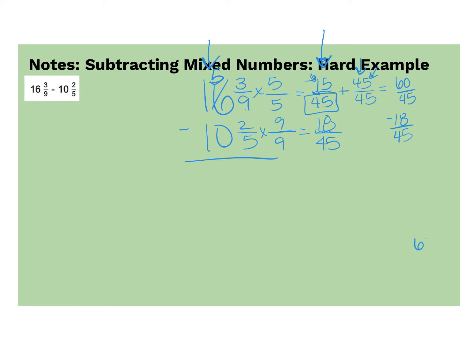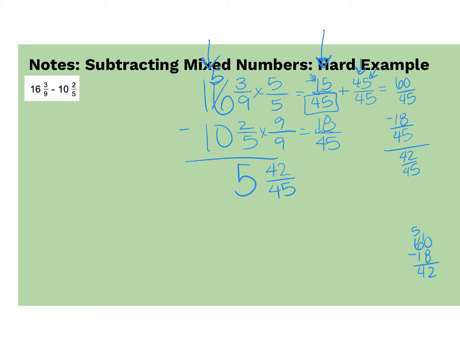You can use a calculator for the adding and subtracting if you want to. 60 minus 18 is 42. So now I have 42 45ths when I do my subtracting. So I have just subtracted my fractions. Now I can subtract my whole numbers. 15 minus 10 is 5.